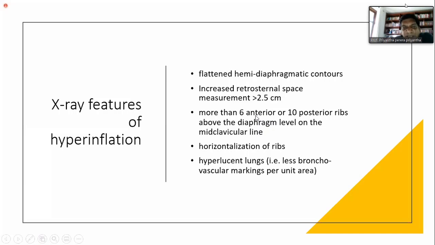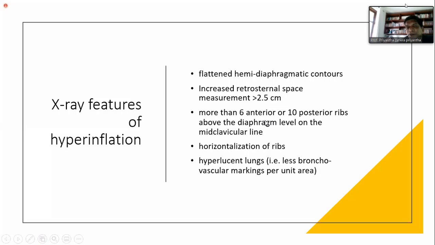But in an AP film, you can see more than 6 anterior ribs above the dome of the diaphragm. So you check it at the mid-clavicular level, right? Make sure that you don't look anywhere else.